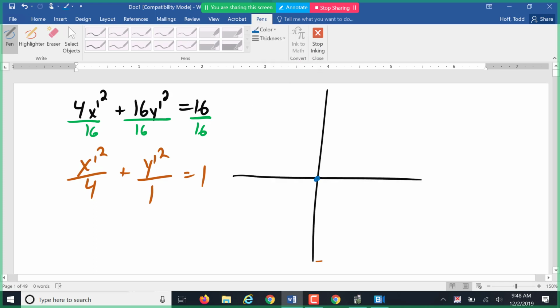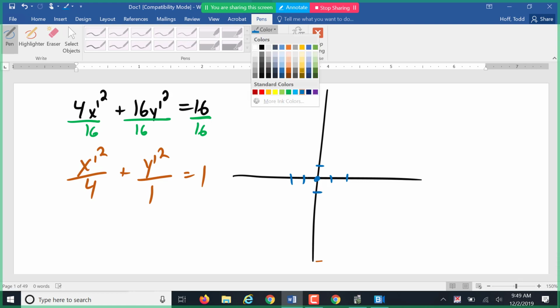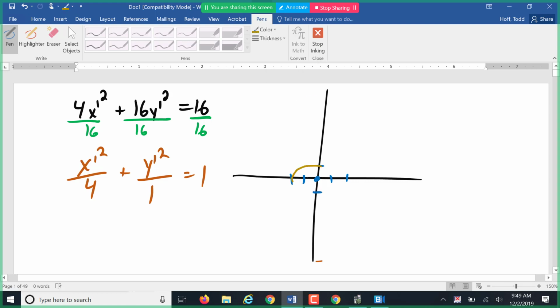So our center is at 0, 0. X prime squared over 4 means in the x direction, the square root of 4 is 2. So that means we go 2 units in the x direction. The y prime squared over 1, the square root of 1 is 1, which means we go 1 unit in the y direction. There is our ellipse in the non-rotated form.